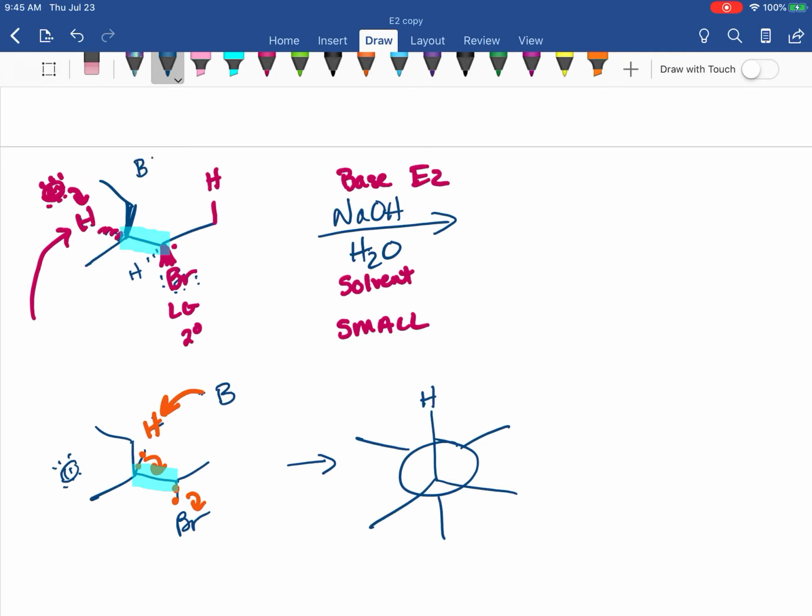Okay, these are now bolds and dashes, so they have to match. So I'm going to take that and I'm going to make that match, and I'm literally building a model set while I'm making this video with you. So I am putting that hydrogen in the back, and then I'm making sure that on this other side of our compound, I'm going to switch it and make sure that my bromine is right out front.